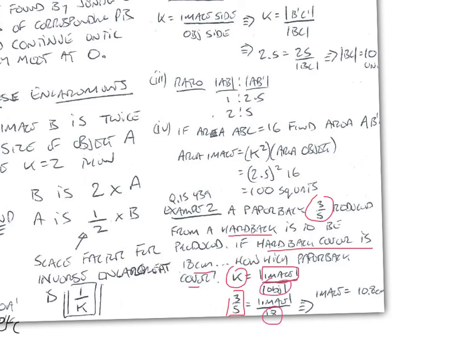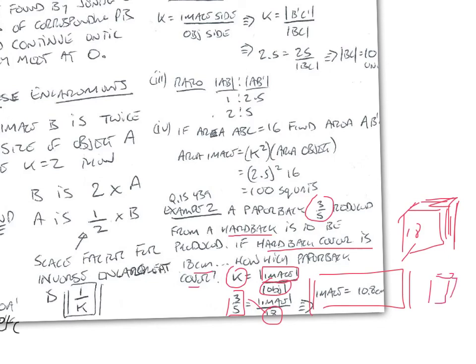So given all of that, we would say 3 times 18 divided by 5 gives us an image size of 10.8. In other words, the hardback cover is 18, and the paperback cover would be 10.8. And that's a reduced or inverse enlargement of 3/5.